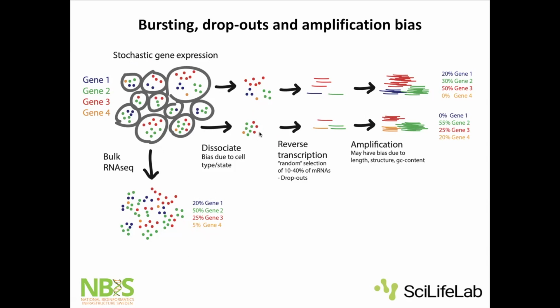But then if we dissociate, we do reverse transcription, we do some more or less random selection, and then we do amplification, that can also have bias due to the length of the gene, GC content, RNA structure, and so on. So what we end up with after amplification will have a lot of biases. UMIs will help with removing the amplification bias to some extent, but not this bias.